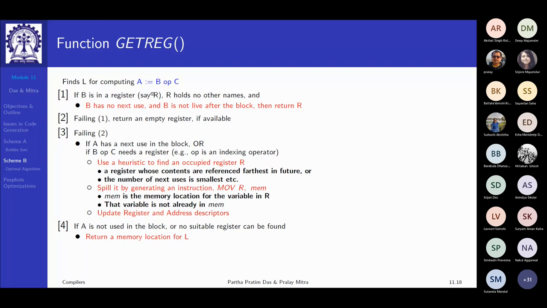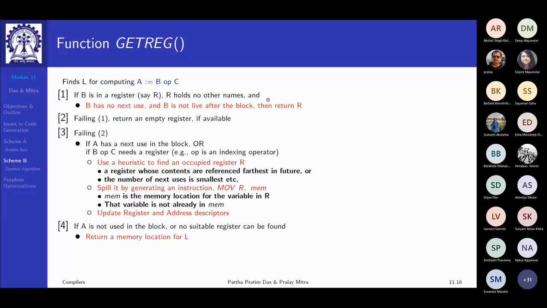Here I use the address descriptor of B, and here I use the register descriptor of R. So if B is in a register which only has B in it, and if B has no next use, B is not live after the block, then I will return R as the value of L. The rationale is simple. B is in a register. Now, if R holds another name, then naturally I cannot use that register, because it will be overwritten by the value of B operation C as computed.